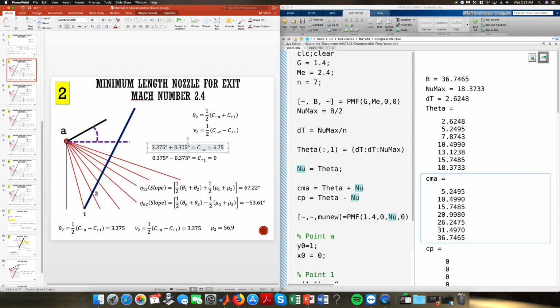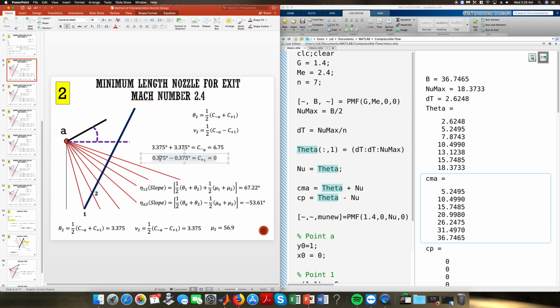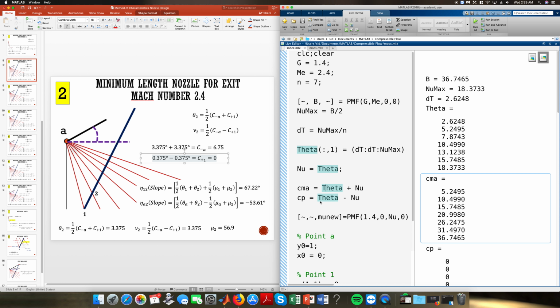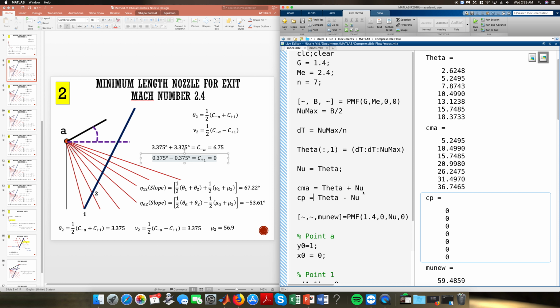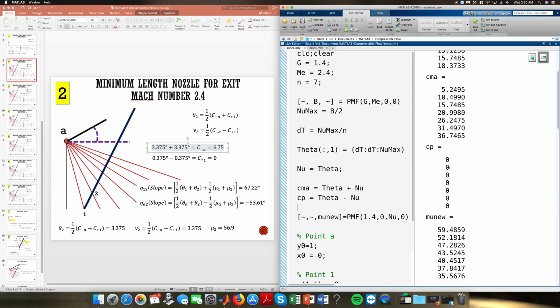So let's create a C minus characteristic line by adding theta plus nu. And let's do the C plus characteristic line, which is basically theta minus nu. When you do that, you can see this is my C plus, and we have values just like what we have here, and the C plus values are 0, right? Which is exactly what you need.